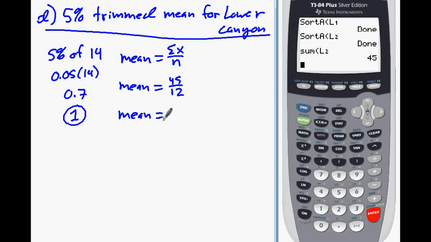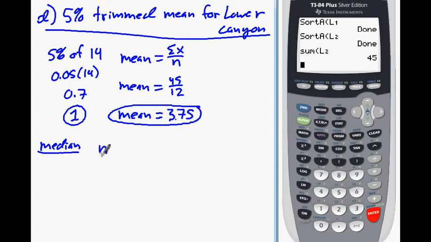So the mean in that case is 3.75, which, remember, the mean before was 4.21. So that's a fair difference. Now with the median, because it's a symmetric trimming, we've taken off on both ends, so that's not really going to change too much.